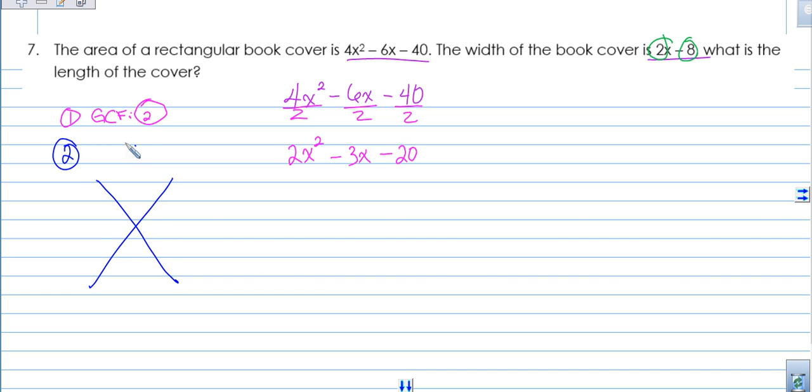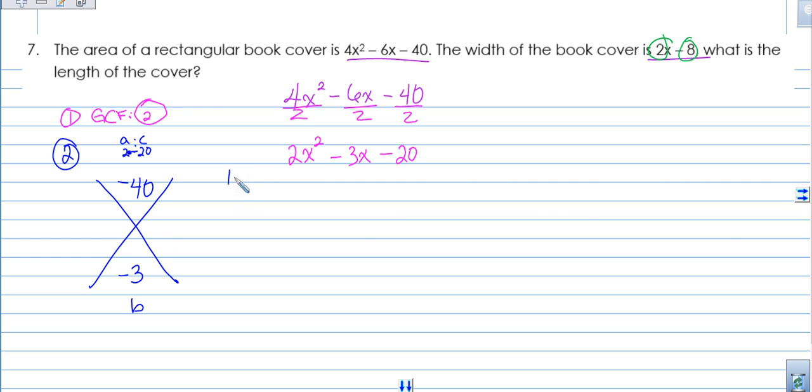So you do a times c, your b down here. You have 2 times negative 20, and you get negative 40, and then you have a negative 3. So we need the numbers that will multiply to give us negative 40 and subtract to get us a 3.